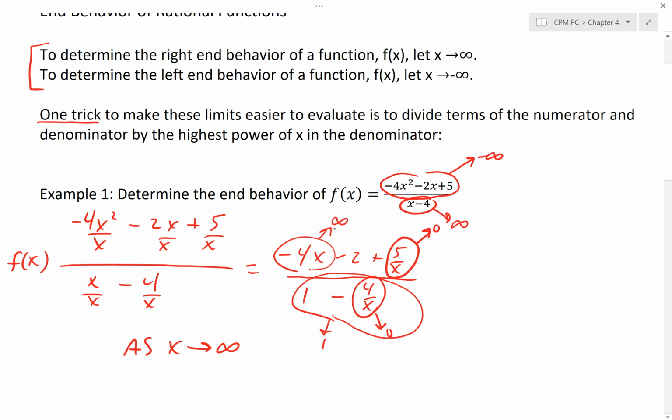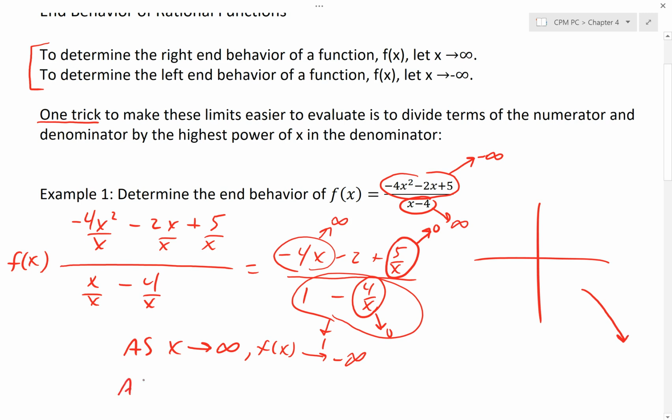So the top's approaching negative infinity, and the bottom's approaching 1, so we can say f of x approaches negative infinity. So that gives us our right end behavior. So that tells us that as x goes to the right, the y value is going to go down. So this graph is going to finish going down for sure.